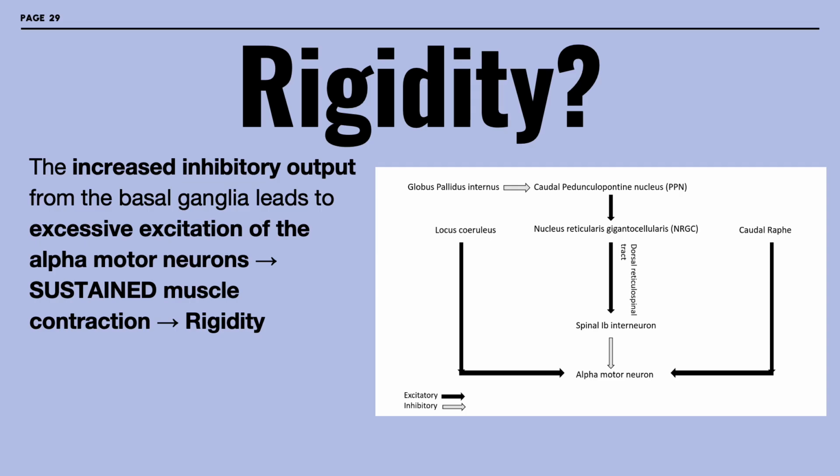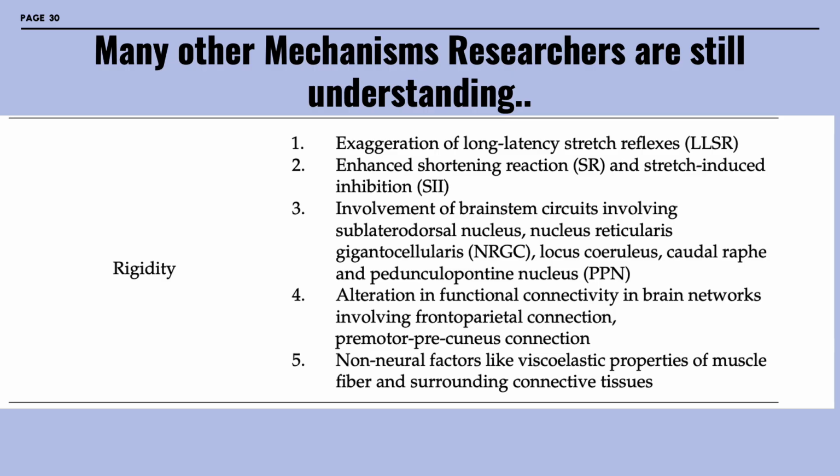So the increased inhibitory output from the basal ganglia leads to excessive excitation of alpha motor neurons, causing sustained muscle contraction and rigidity. There are many other mechanisms involved that researchers are still understanding. So feel free to research this in your own time. It's something that researchers are still looking into, and there are many different articles coming out about this every day.